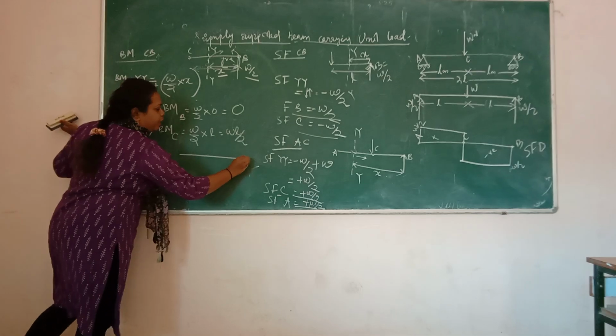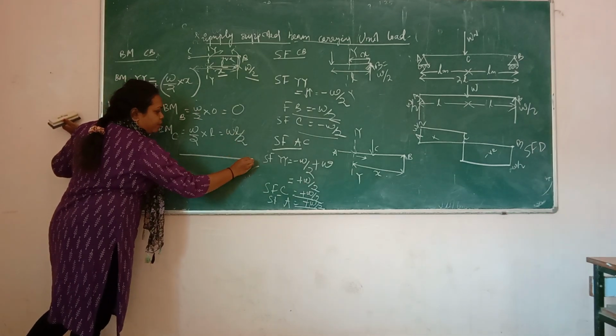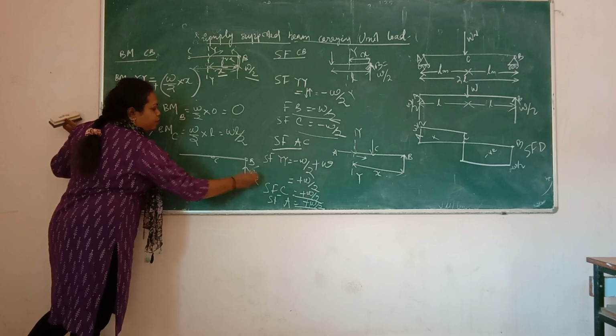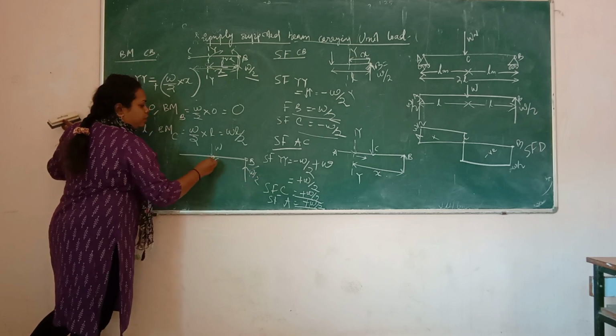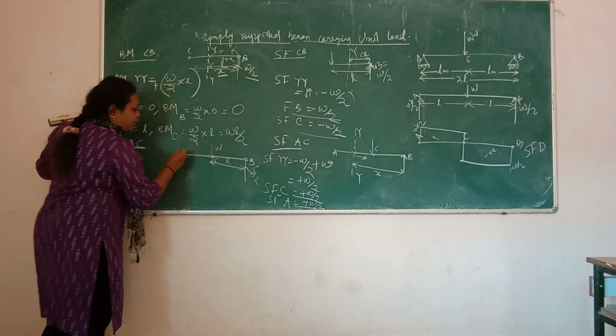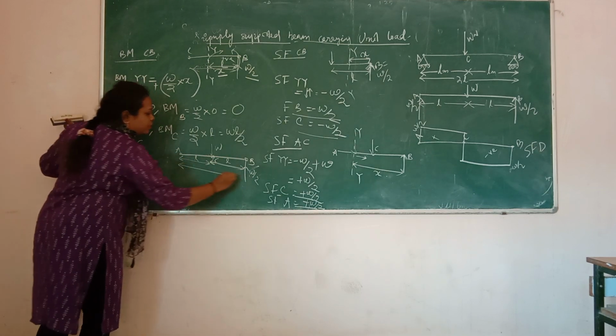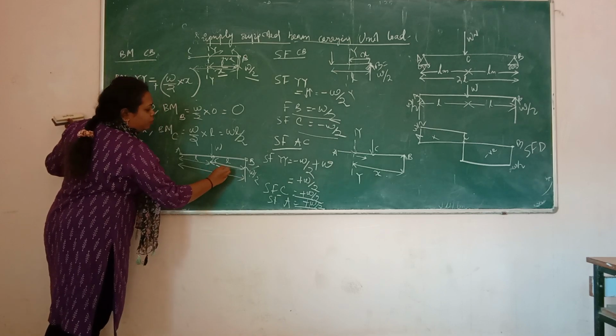Now say draw a line in diagram. This point is B, this point is C. Here the value is W/2, here the value is W. This distance is L. Here this point is A, this distance also L. Total distance is 2L.